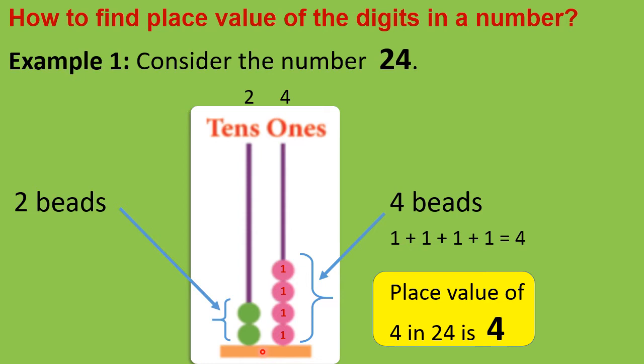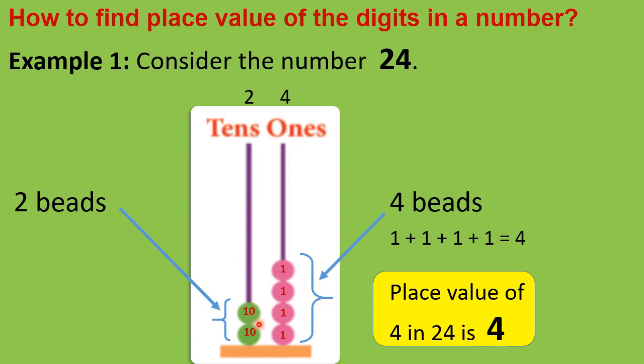The value of each bead on the tens rod is equal to 10. Value of this bead is equal to 10, and value of this bead is also equal to 10.